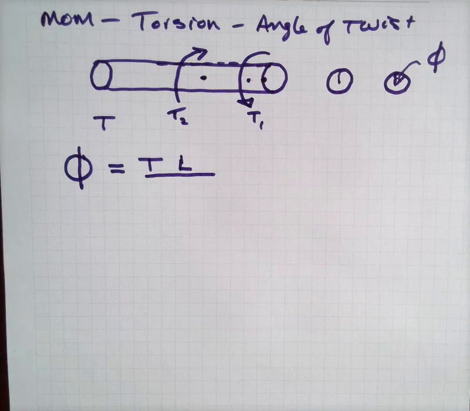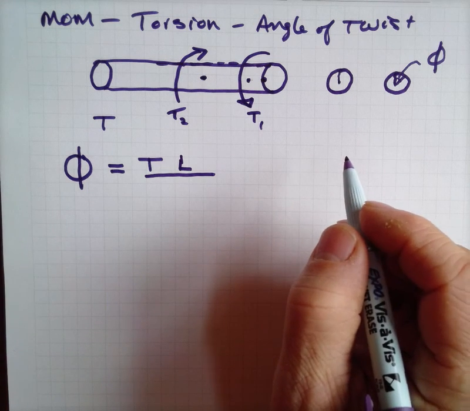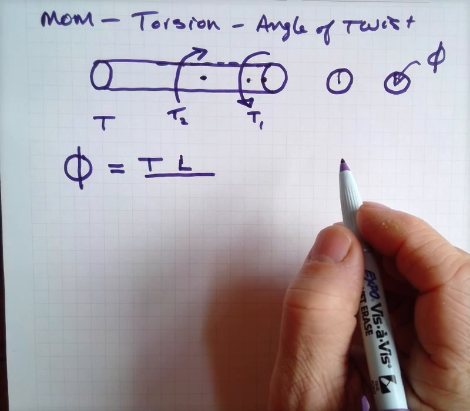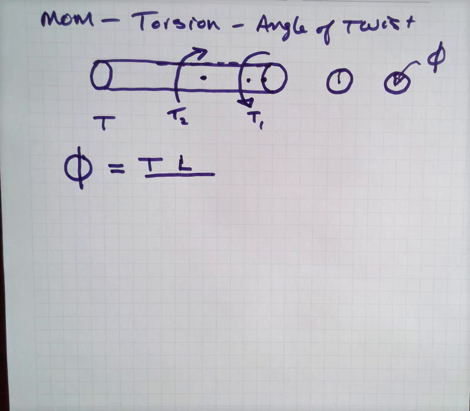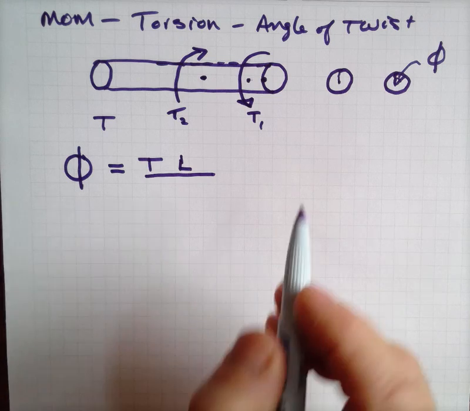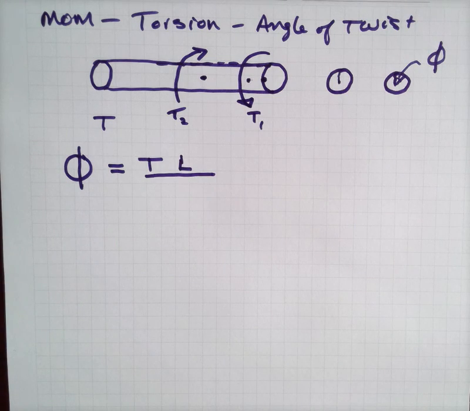Well, I bet that if I asked the question, you could come up with some other determining factors, and one of those would be the shape of the cross section. And that would be correct.